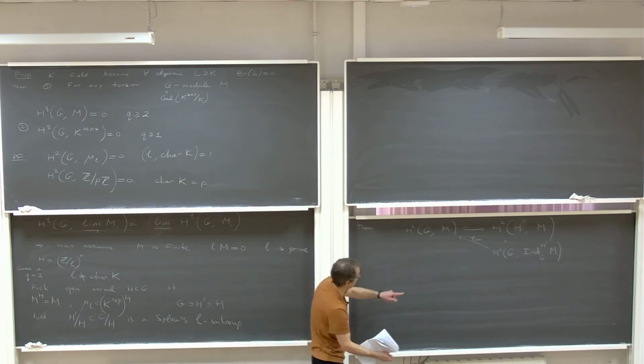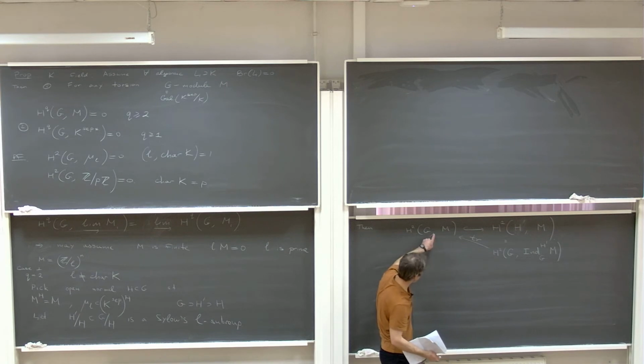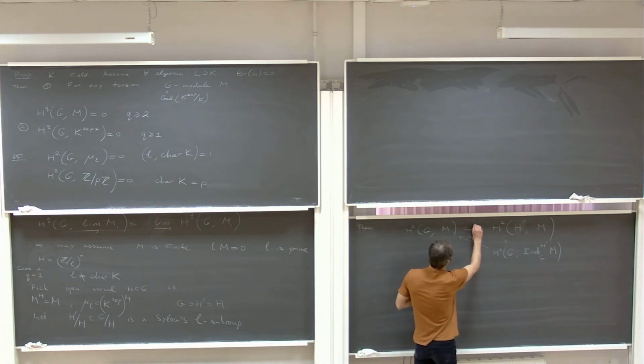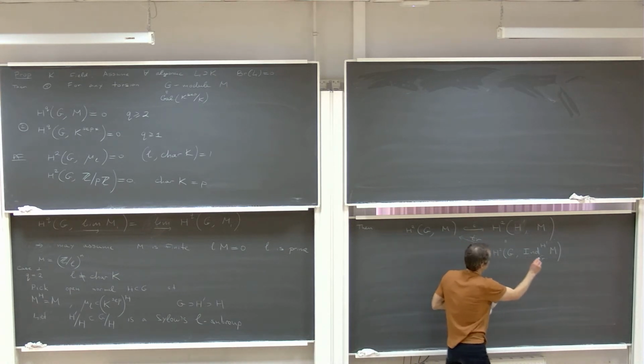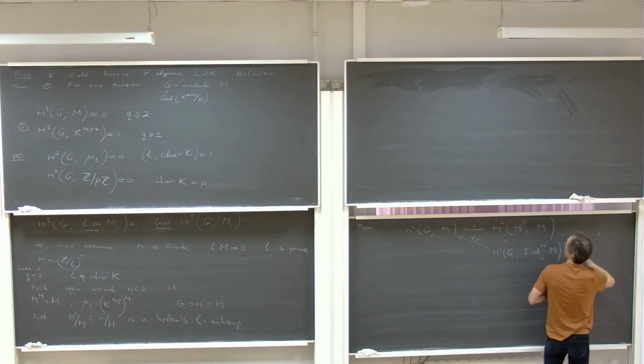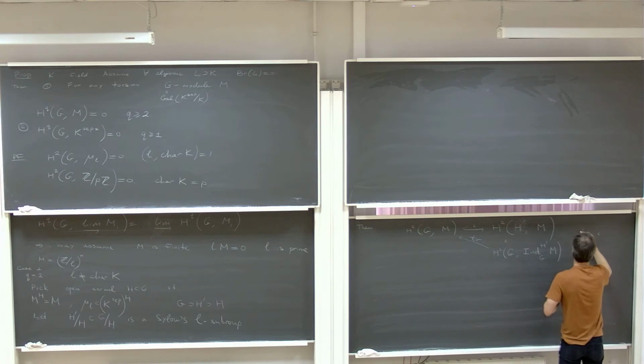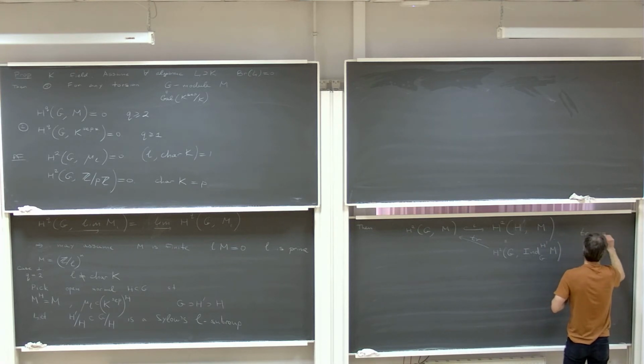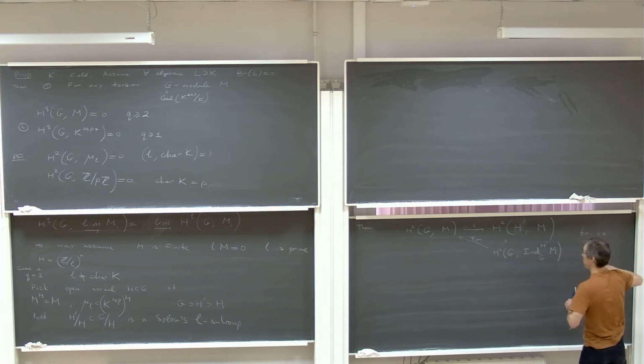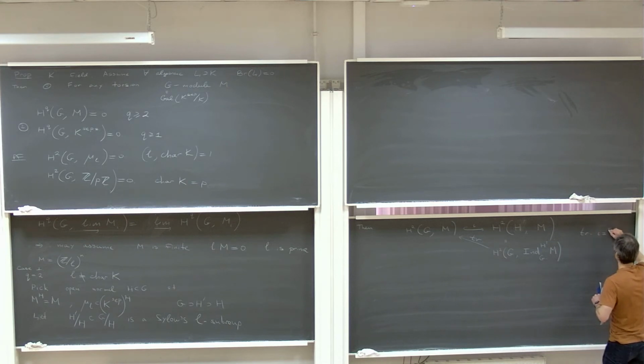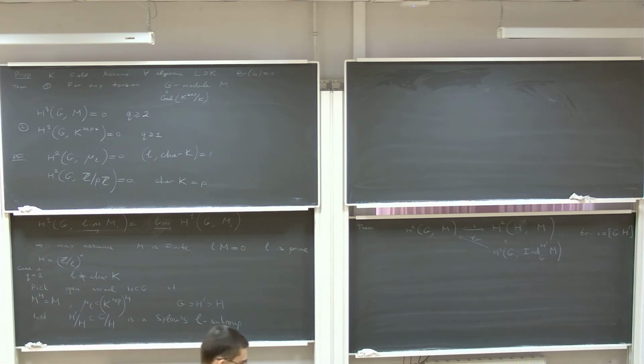So we have a map in this direction, and the composition of I and trace is multiplication by the index of H prime in G. Right?